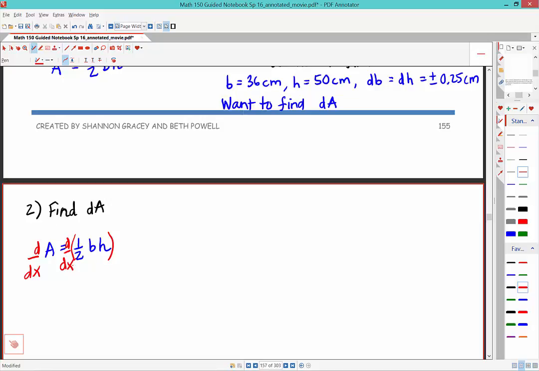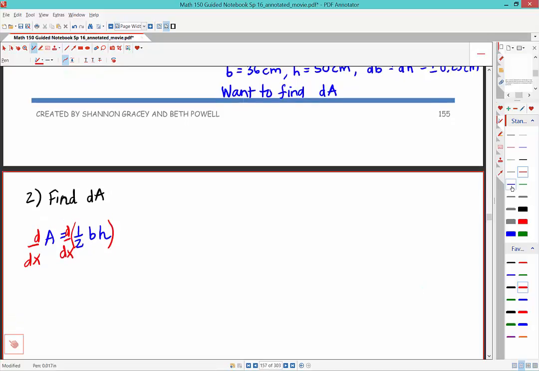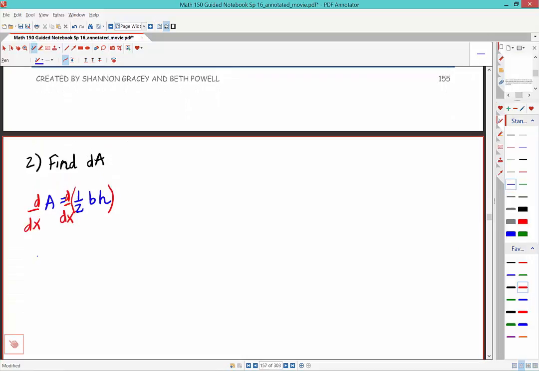Shh. So if we differentiated both sides with respect to x, let's see what happens. We're going to get dA dx, right, because it's implicit, is equal to 1/2 times h times dB dx, I'm using the product rule, plus b times, good, dH dx.